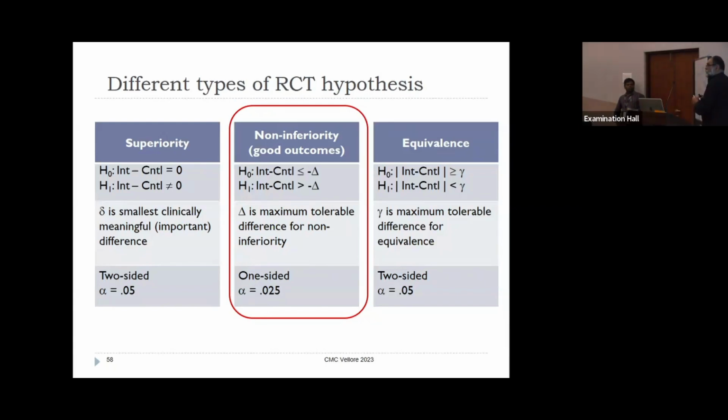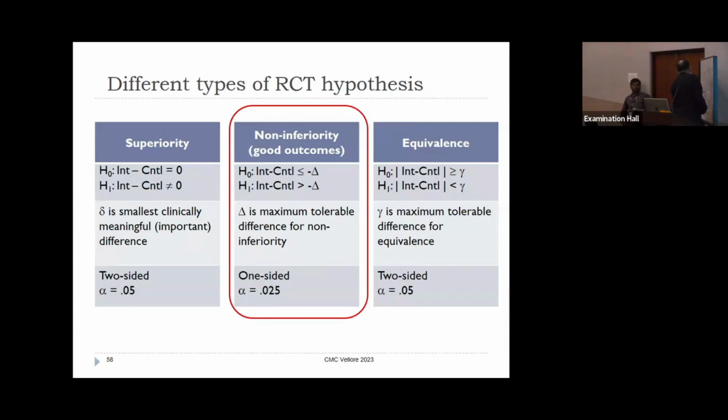Is that equivalent? No, it's too much lower, okay? How about if I say 85%? It's 2% lower. Is that equivalent? Some people say yes, no. So you would want it to be 86% or maybe 88%. You don't want it to be 89% because that's more than 2.